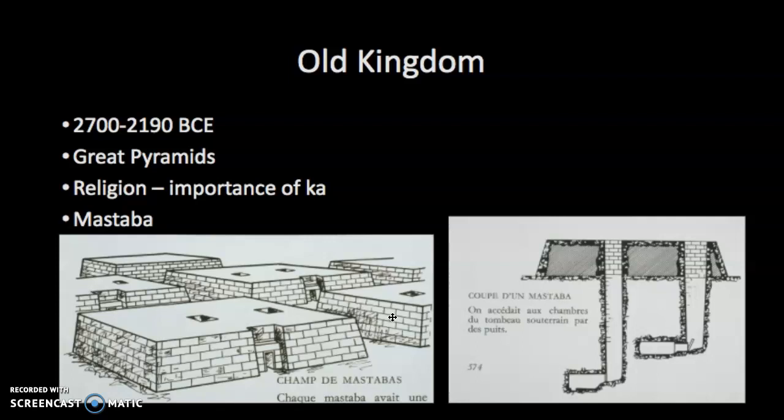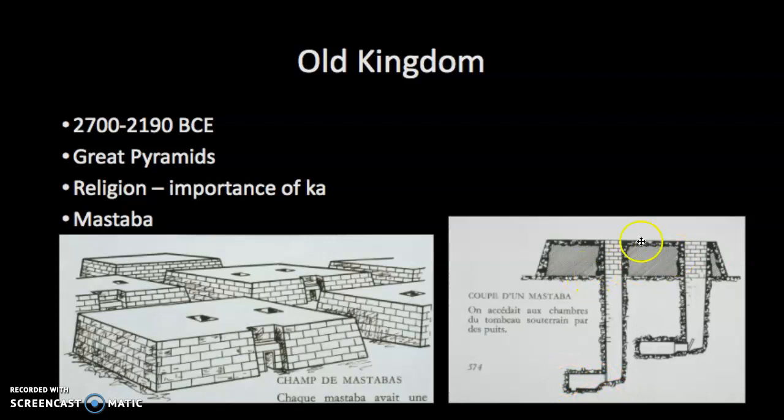The earliest funerary architecture is what is known as the mastaba, and we're looking at some diagrams of early mastabas. They are one-story buildings, flat-topped, that hold an underground burial chamber. So if you look at the cross-section here on the right, you can see this vertical shaft that goes into the underground burial chamber.